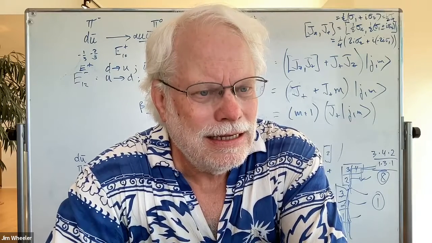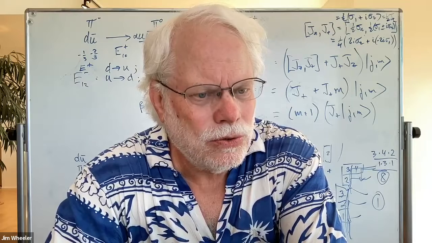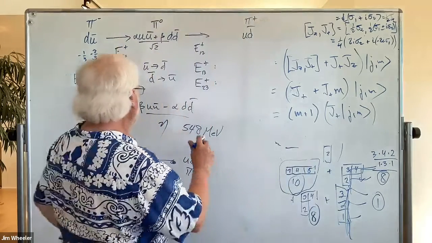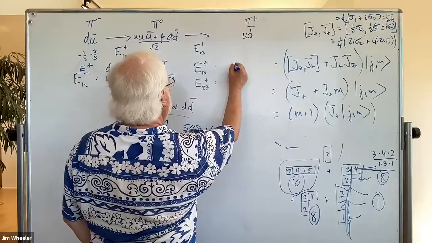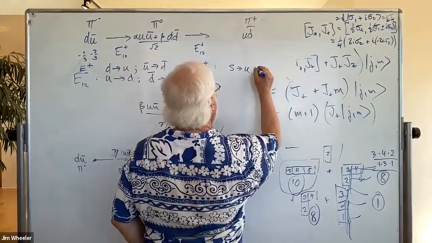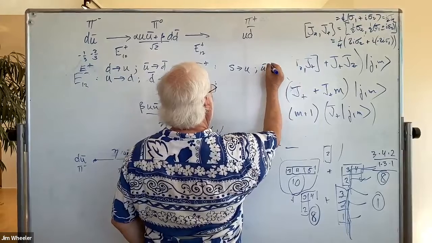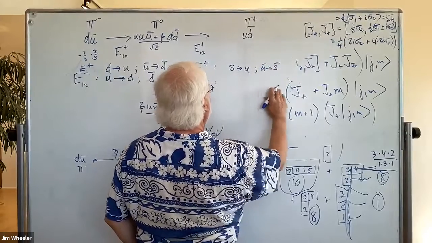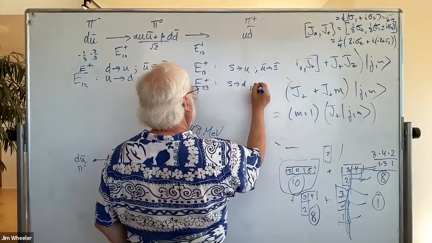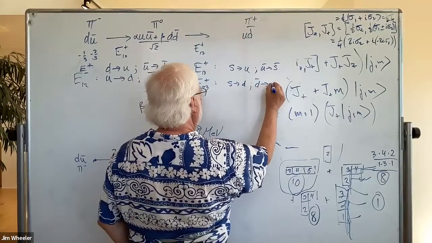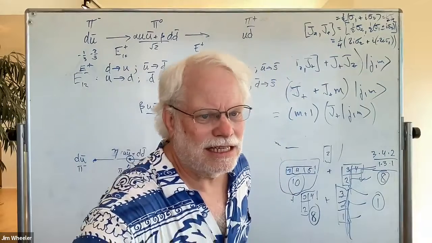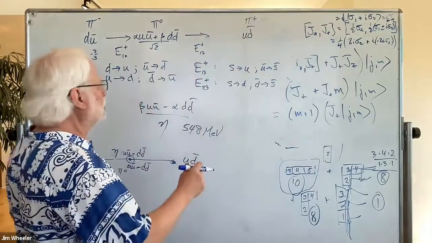But let's see. Okay, E13 plus takes an S to a U, or can take a U bar to an S bar, and E23 plus is going to take an S to a D, or a D bar can go to an S bar. Yeah, that's right. And then the minus ones do the opposite.